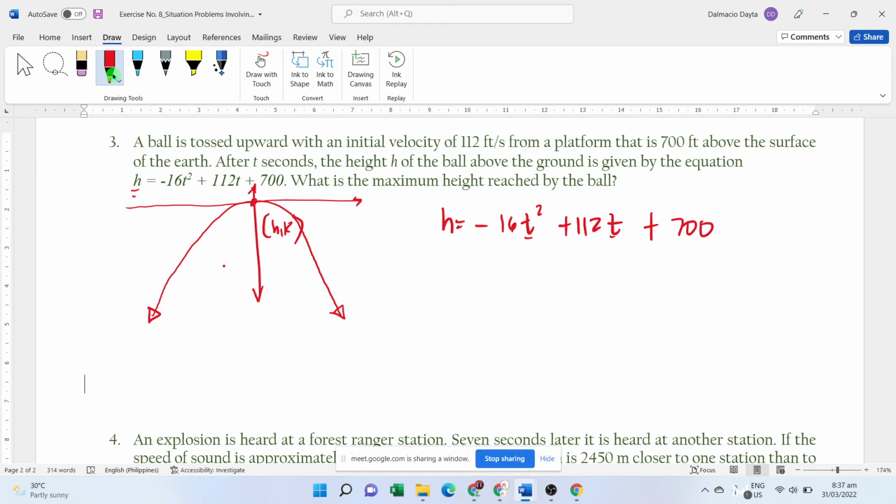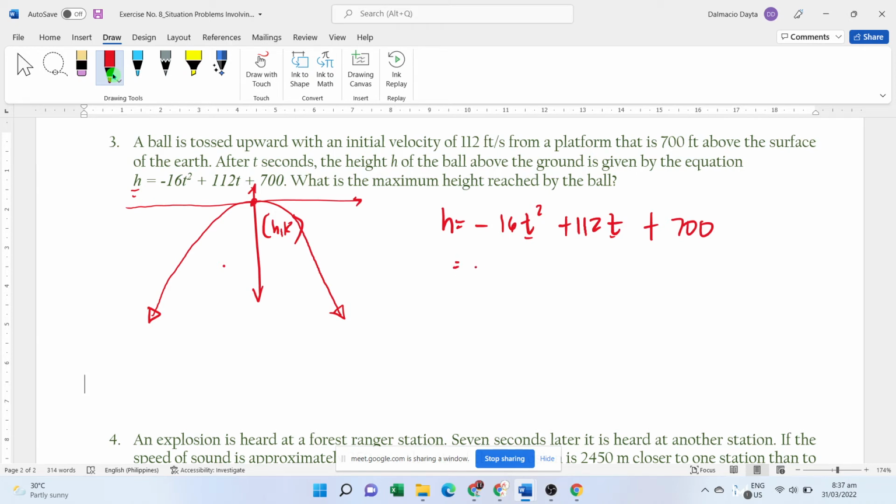Find the vertex of this parabola, the coordinates of the vertex. Remember the process: translate this equation of the parabola into vertex form. You can also just use the formula for the vertex. Gagawin na natin yung equation ng parabola.